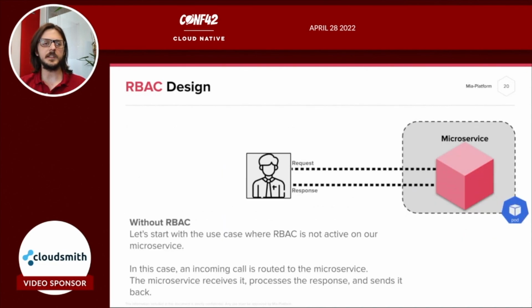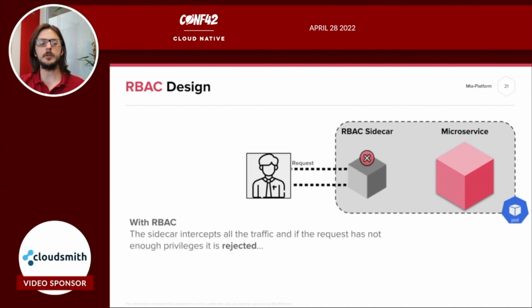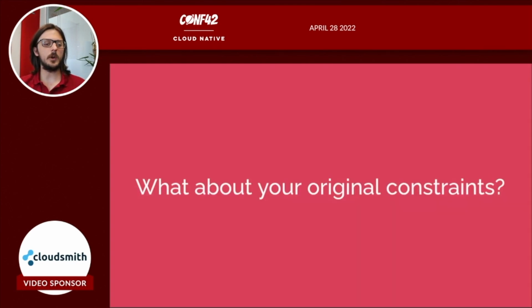And so the design is now clear. Without RBAC, any request the user makes to an API is received by the application container and the response is immediately returned to it. However, as soon as we introduce our RBAC sidecar container, we are able to intercept each request and decide whether it should be rejected or allowed. Okay, at this point we were happy with the design, but we had to ask ourselves, does this design still meet our original requirements?